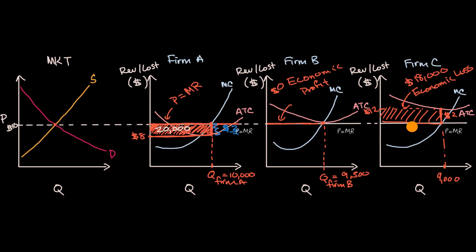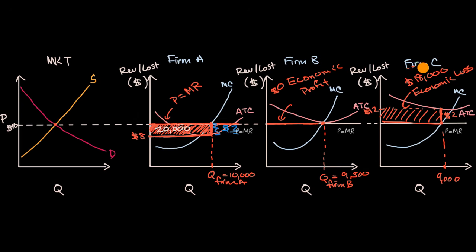Well, it's important to think about things in the short run versus the long run. In the short run, we've talked about this analysis right over here, where a firm can decide what quantity it would produce that is rational. Its fixed costs are fixed in the short run. We've studied that in multiple videos. But in the long run, its fixed costs aren't fixed. And so the firm can decide to enter or exit the market.